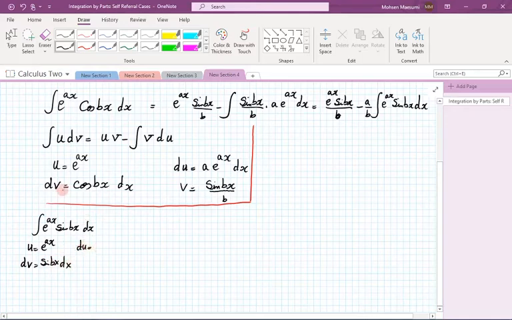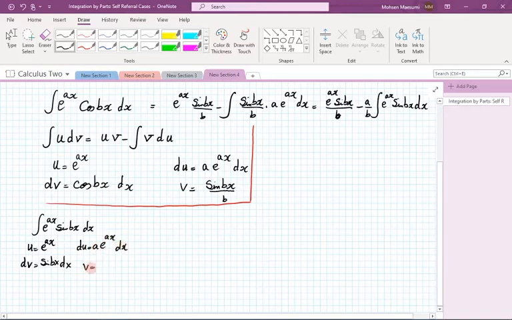Notice that we are recycling letters, so this v means something else now. Otherwise you would have to dig out some other pair of letters every time. So this is a dv, that's another dv. And du as before, a e to the ax dx.